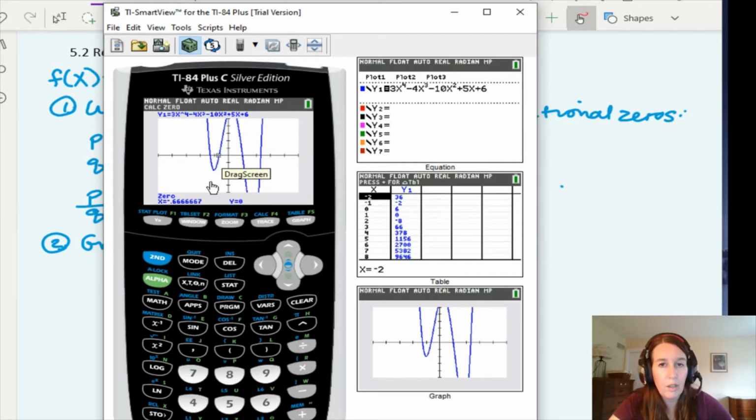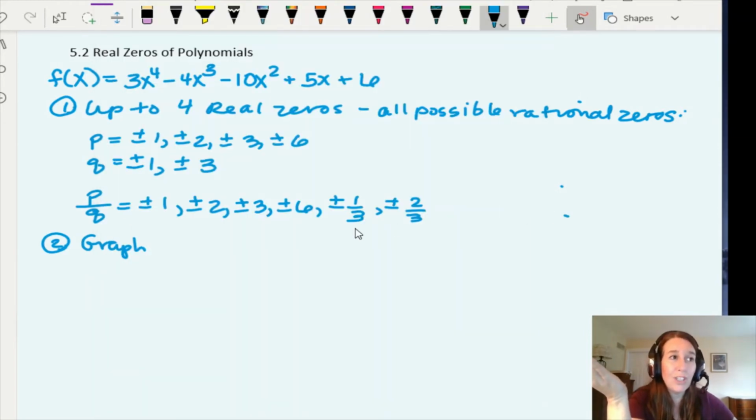0.66666666, right? Hopefully you recognize that anytime there's a repeating decimal, that can be written as a fraction, right? And that's 2/3. If you try to type 2 divided by 3, you're going to get that number. And the reason I was looking for 2/3 is because of my list, right? So I would look for either 1/3, which is 0.3 repeating, or 2/3, right?